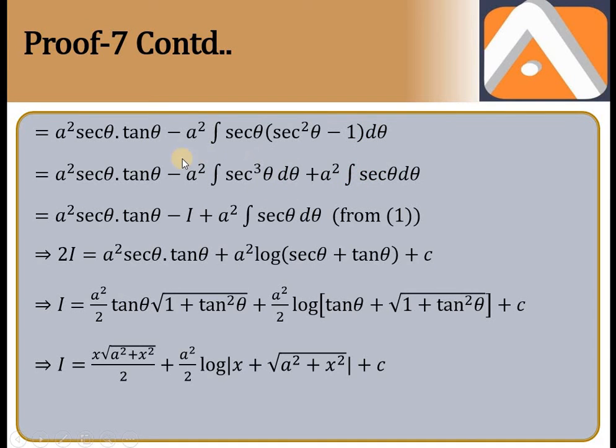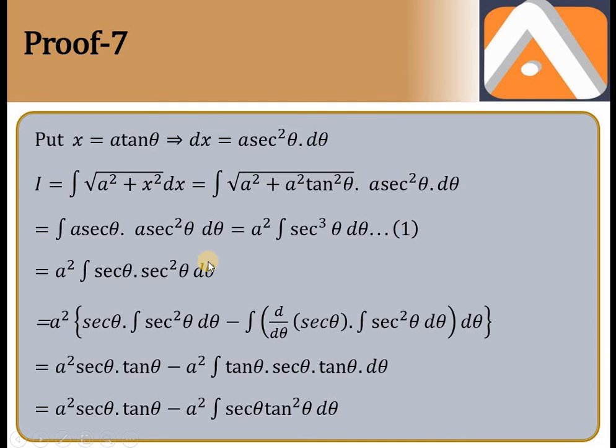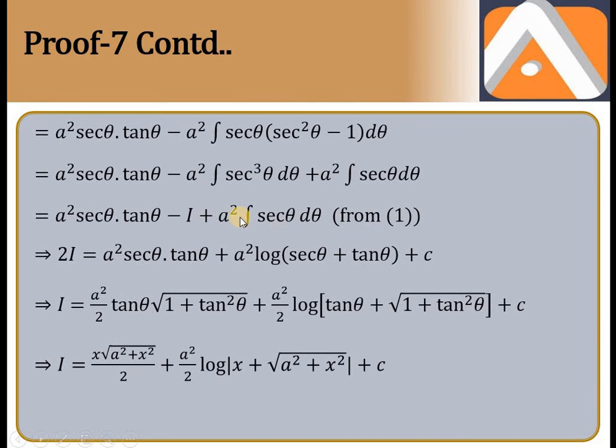Now see, this a square secant cube theta, in the previous step, I value is a square secant cube theta. So here this value is replaced by I. So this is minus I. If I take this minus I to the left side, I plus I becomes 2I. So here a square sec theta.